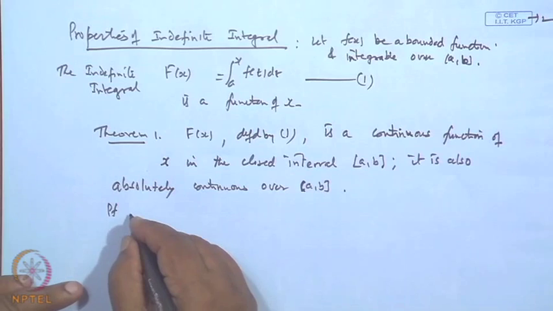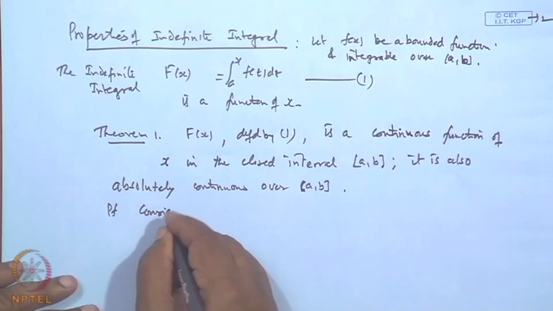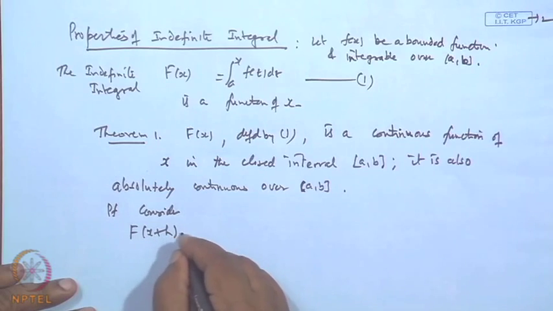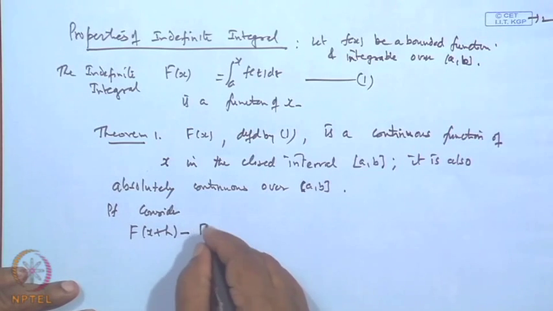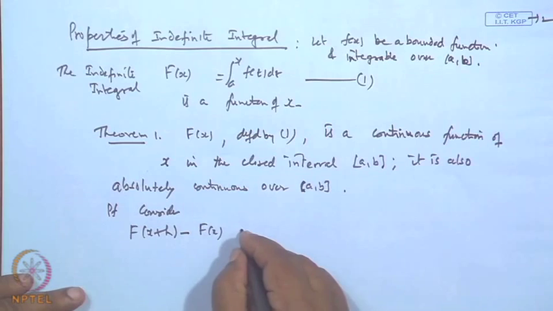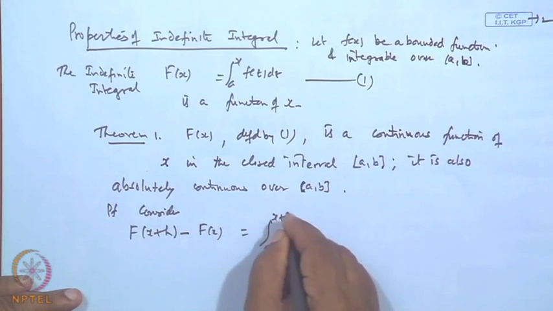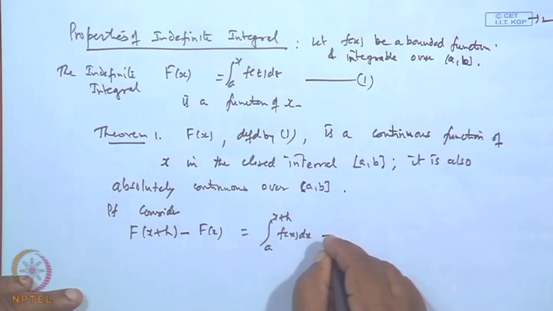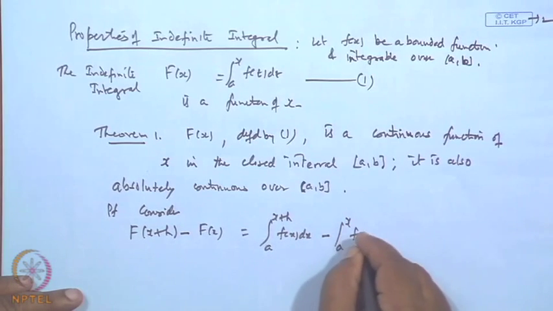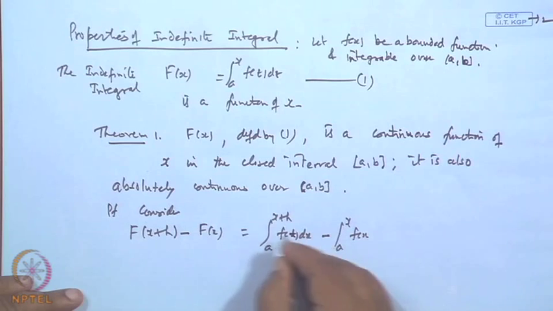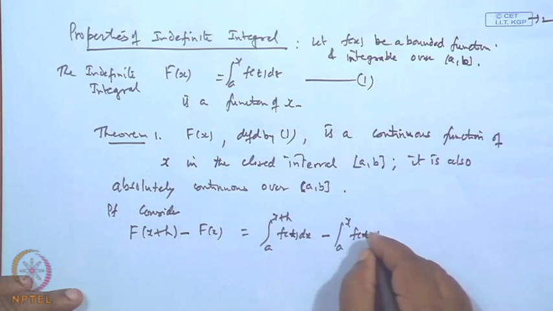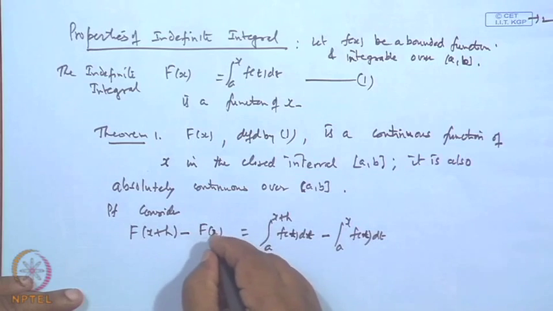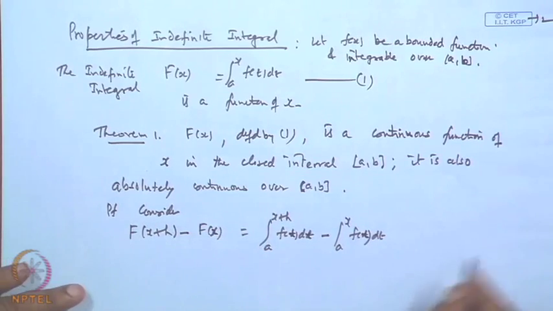Let us consider F(x+h) minus F(x). So, this is equal to the integral from a to x+h of f(t) dt minus the integral from a to x of f(t) dt.